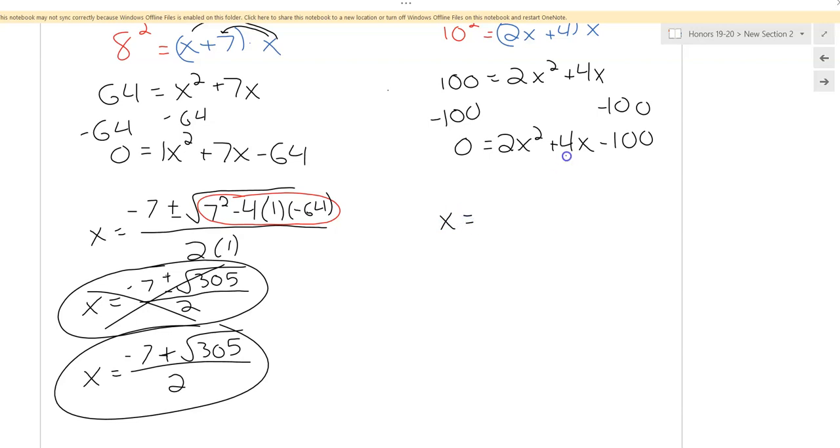This equals the opposite of b. The opposite of positive 4 is negative 4. Plus or minus 4 squared minus 4 times a, which is 2, times c, which is negative 100. All over 2 times a, which is 2.